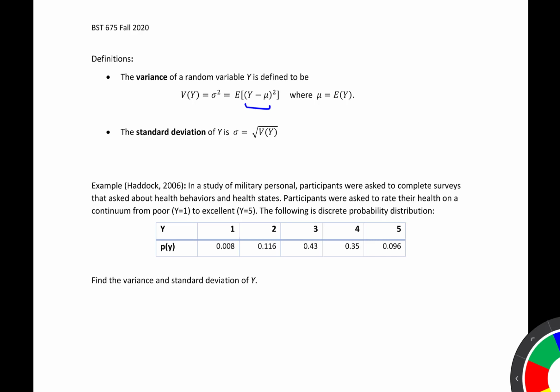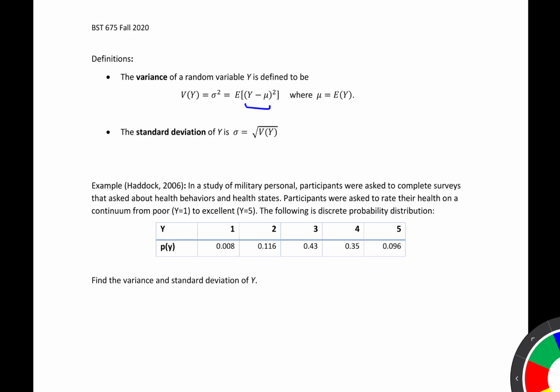This is your standard definition of variance that you've seen back in your intro stat class, because if you think about how variance is calculated when you look at a data set, for each of the elements in the data set, you take the difference between that value and the mean of the data set, and you square it, and you take an average of that.